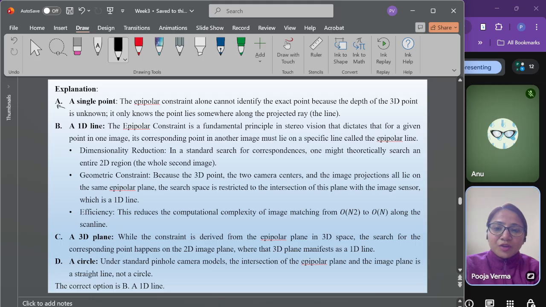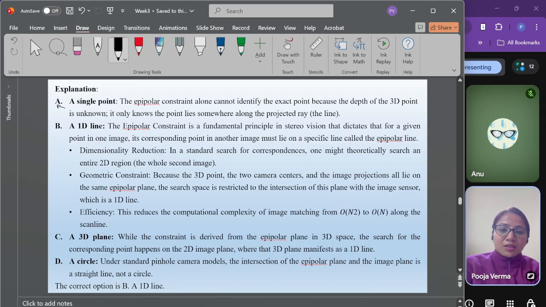So option B, a 1D line. The epipolar constraint is a fundamental principle in stereo vision that dictates that for a given point in one image, its corresponding point in the other image must lie on a specific line. That is called the epipolar line. So it is used for dimensionality reduction.